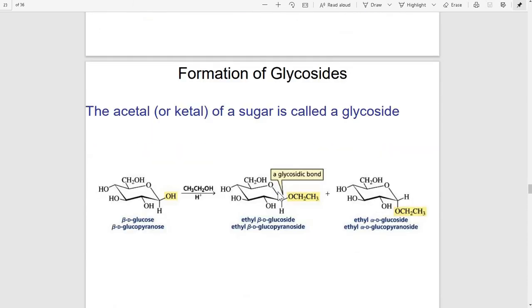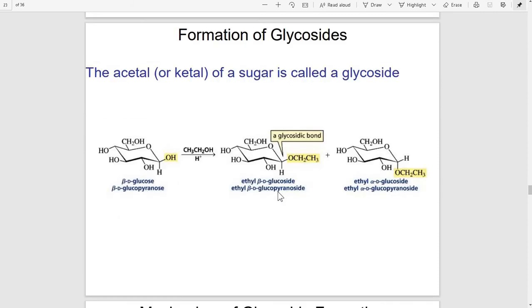Formation of a glucoside. Now see, the acetal or ketal of a sugar is called a glucoside. Now we are taking beta D glucose or beta D glucopyranose and adding CH3CH2OH alcohol in the presence of H plus, and then we get OCH2CH3 at the position of the OH.